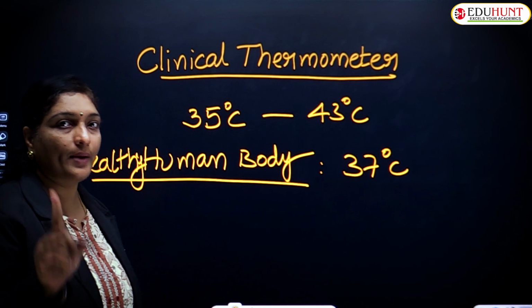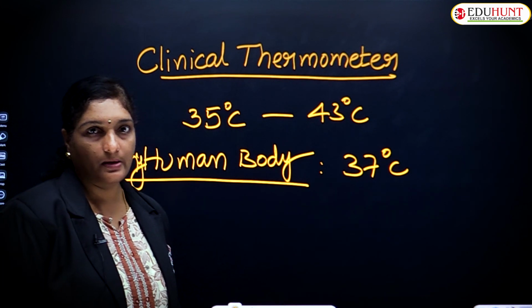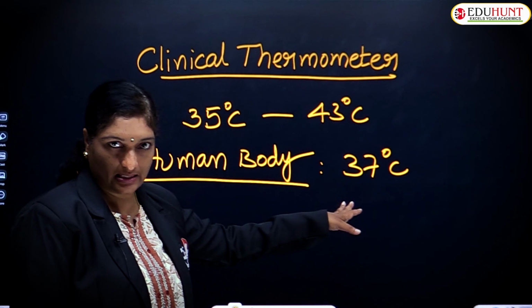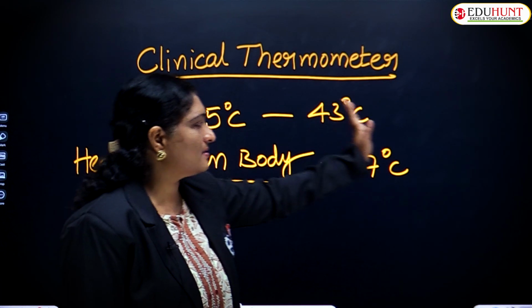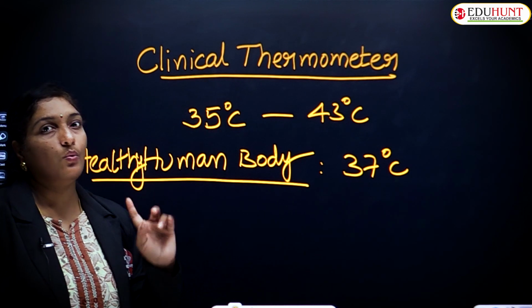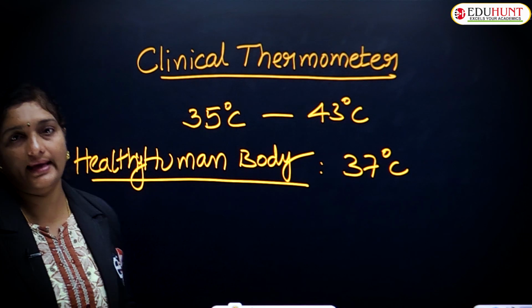A healthy human body always possesses 37 degrees Celsius. If the body's temperature is either greater than 37 or lesser than 37, we need to understand that the human body is not healthy enough.